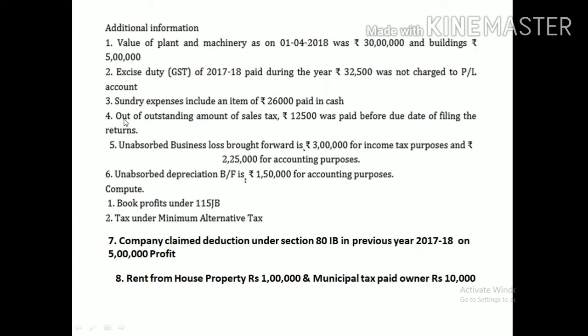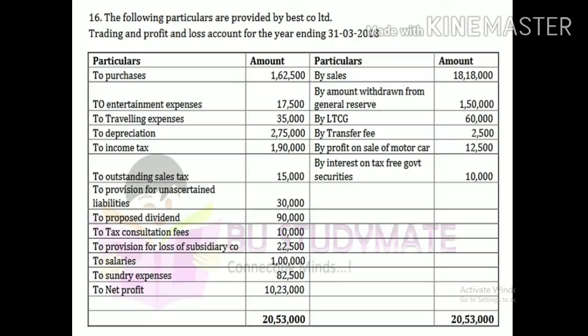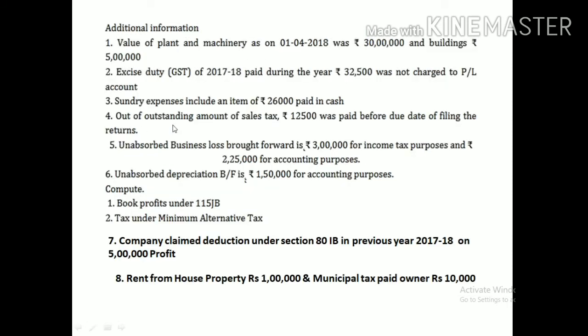Then another one: outstanding sales tax amount 12,500 paid before the due date of filing the return should be deducted. Either you can do the calculation while adding, 15,000 minus 12,500, and add the remaining amount, but to avoid confusion, first we should add 15,000, then deduct 12,500.